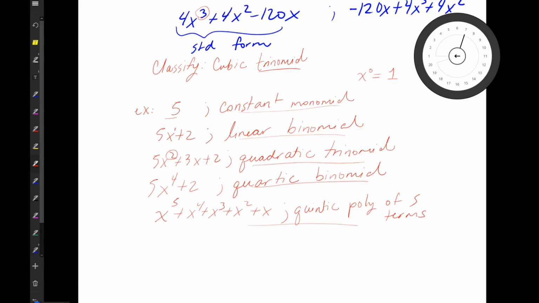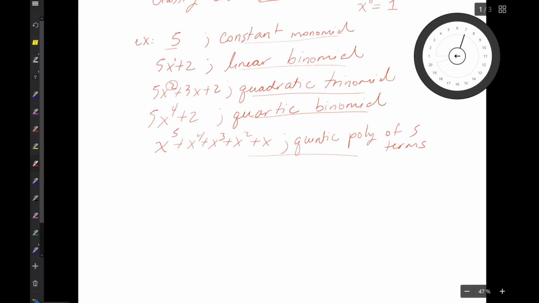Okay. Another thing that you looked at: do you guys remember how to solve an equation by graphing?